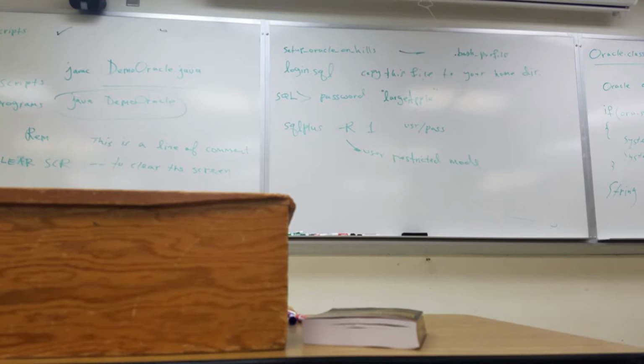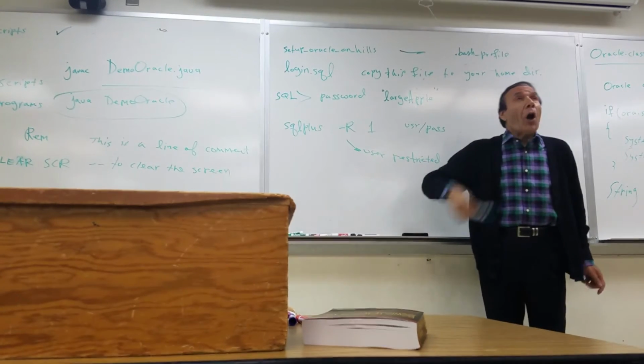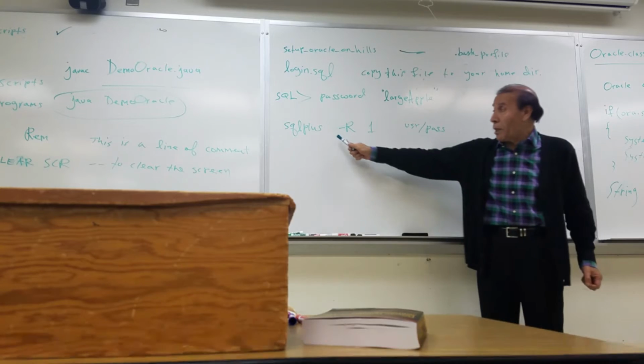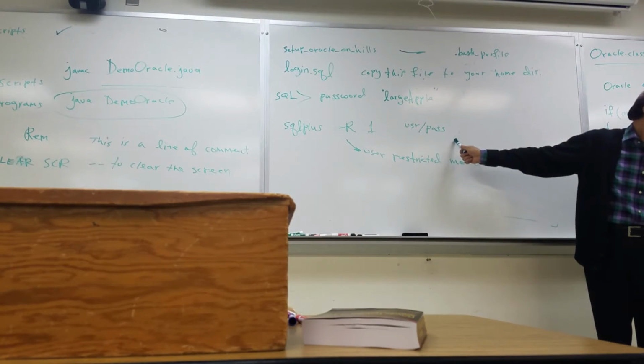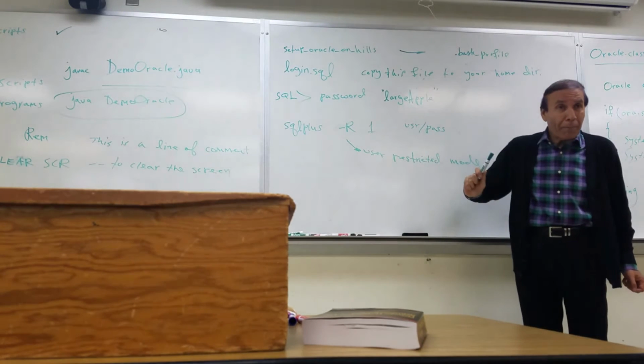So we want to restrict the secretary. Because a secretary is made for typing something very simple, not getting to shell level and messing up the system, right? So we are restricting her. When she says, how can I log into Oracle? We say, this is the way that you're going to log into Oracle. Okay?